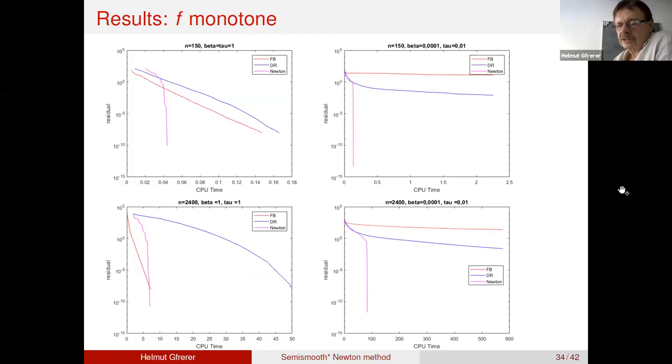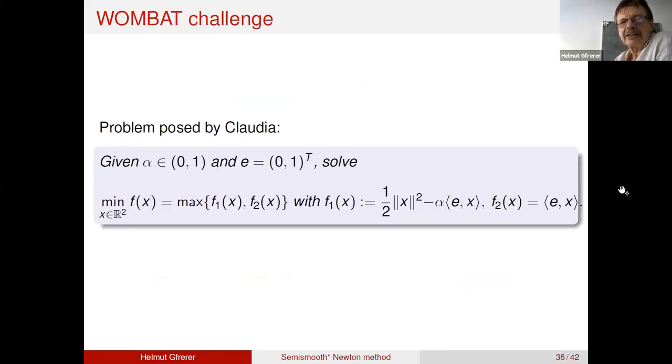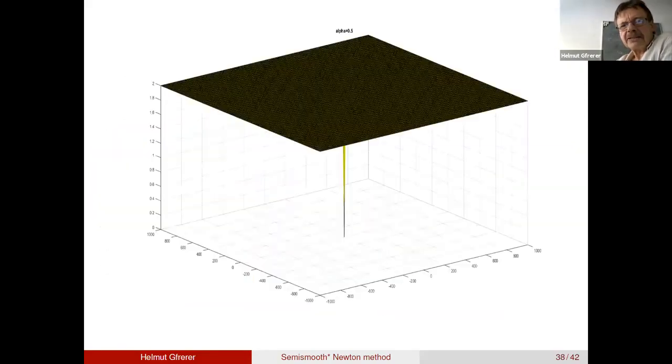Okay, and now let me present the last slide. These are the results for the Wombat challenge for the problem posed by Claudia yesterday, where you have to consider the minimum of this function f of x. In the interval of -1000 to +1000, we have a grid of 40,000 grid points.